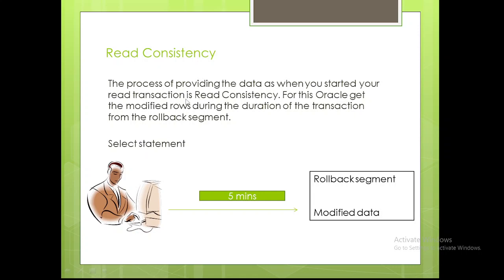Oracle gets the modified rows during the duration of the transaction from the rollback segment. Say you run a select statement which runs for 5 minutes, 10 minutes, 15 minutes, anything, and in the meantime someone updates a particular record.